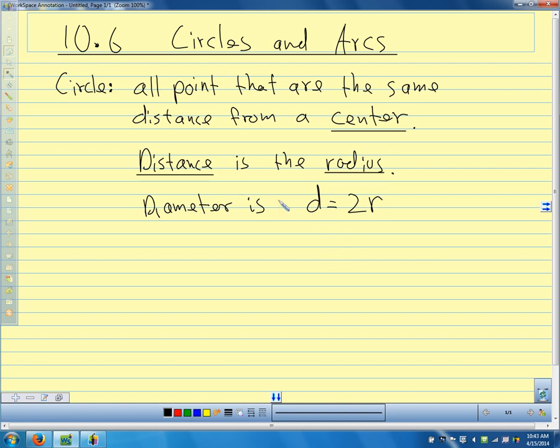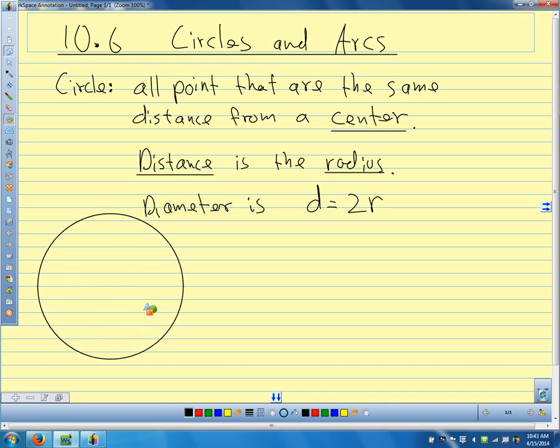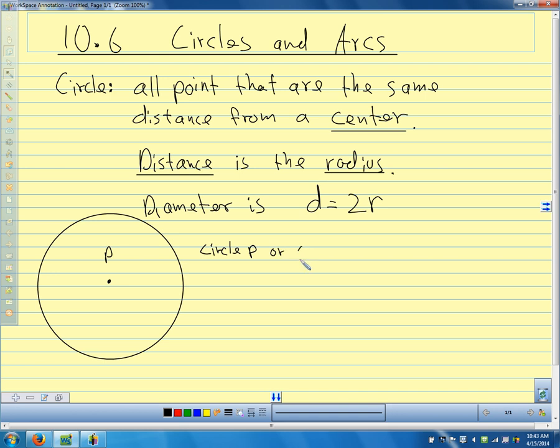Same idea. So let's draw a picture of a circle and we'll label some pieces. So there's my circle. We name the circle by the point at the center. So we would call this circle P, or this little symbol for a circle, circle P. The letter that we use tells us the center of the circle.